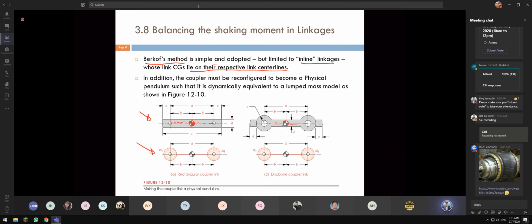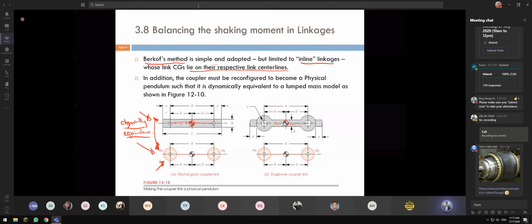Such that it is dynamically equivalent to a lump mass model as shown in figure 12-10. This is what we call a pendulum model, and these two are dynamically equivalent. That means either this system or the system here, the dynamic property is the same.